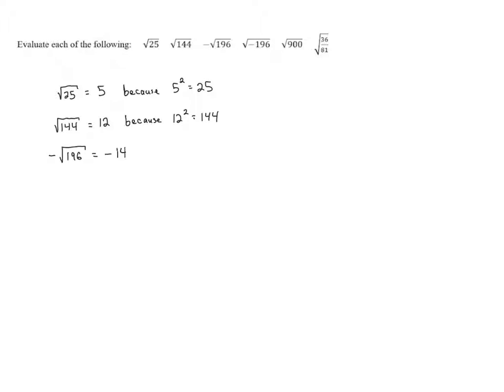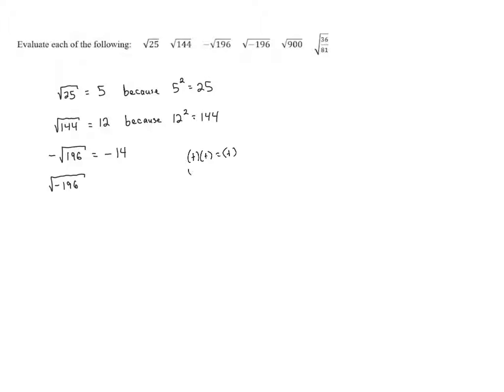Now, the next one is a little bit different. It has the negative inside the radical. And so we're asked to find the square root of negative 196. There are no real numbers that we can square and end up with a negative answer. If we take a positive times a positive, we end up with a positive.